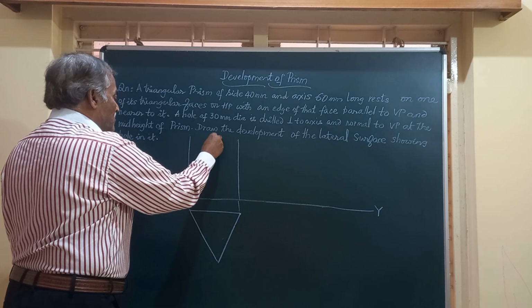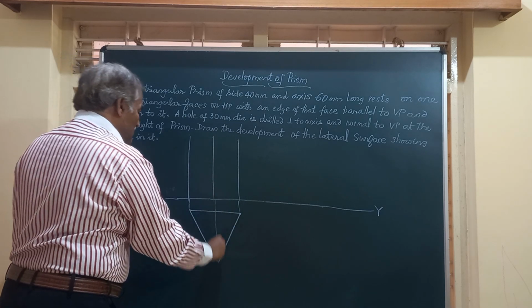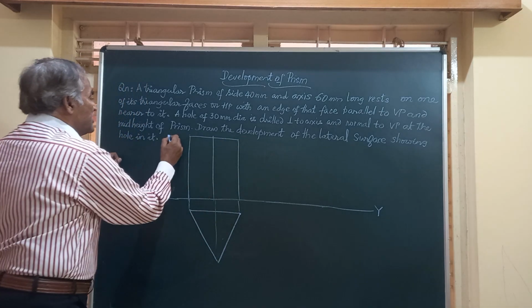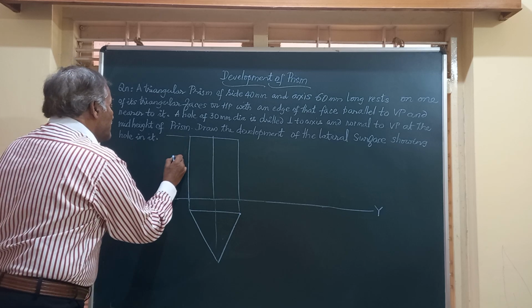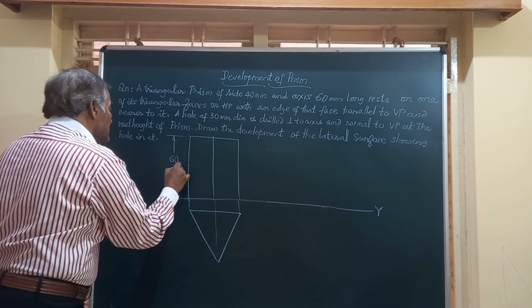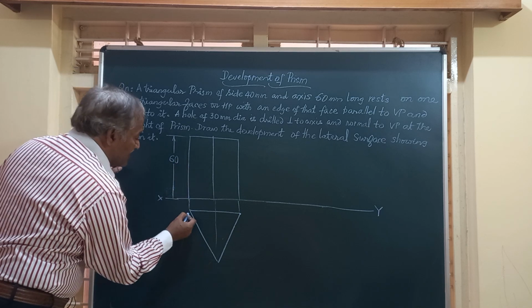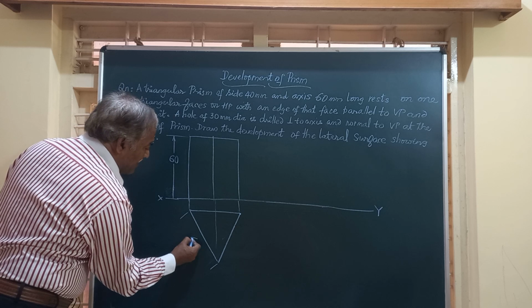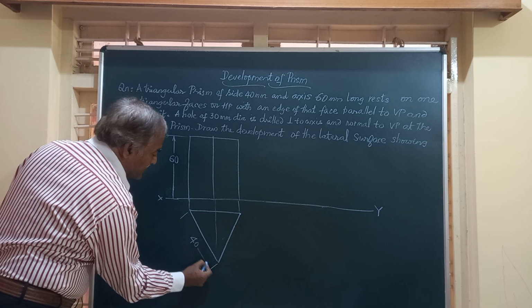This is how the prism looks in the front view. It has a height equal to 60 millimeter, and the side length of this side is equal to 40 mm. This is given in the question.